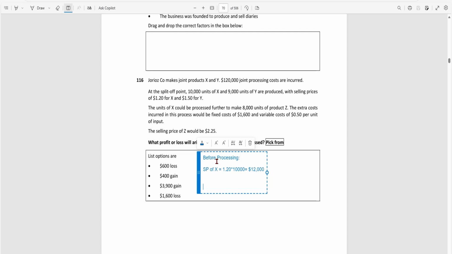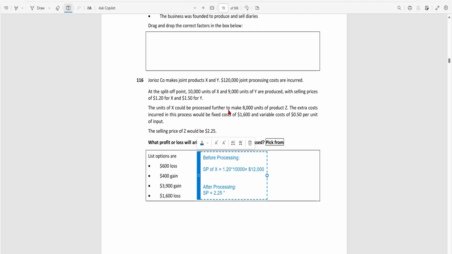Now if we choose to process the product X, so after processing, if we process, in that case this product X will be used in the other product Z, whose selling price is 2.25. That means the total selling price we will earn will be, but wait, here we can't take 10,000 because the units of X could proceed further to make 8,000 units.